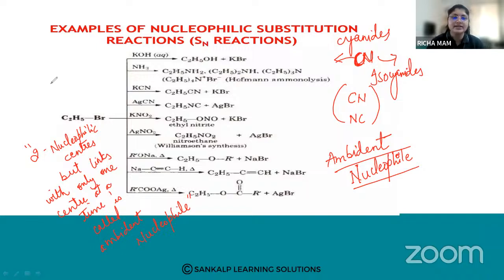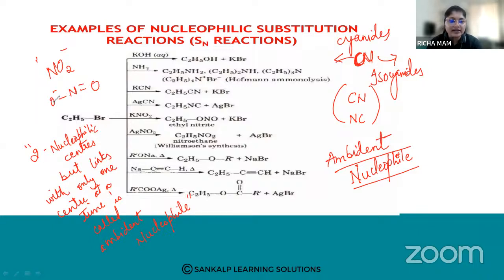One more example is nitrite, NO2 minus. This is also an example of an amphidentate ligand. It can link from oxygen, or it can link from nitrogen. So the nitro group is also an amphidentate ligand.